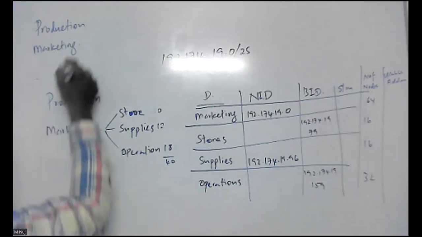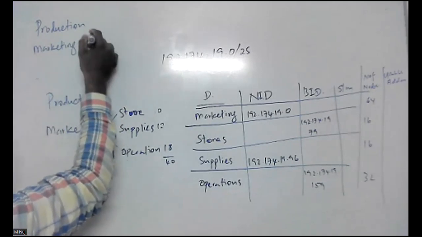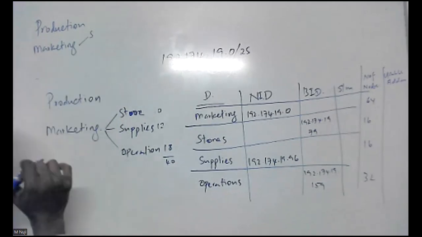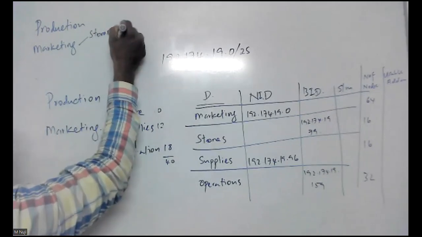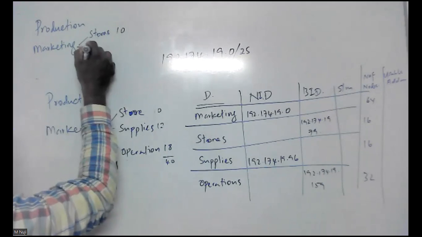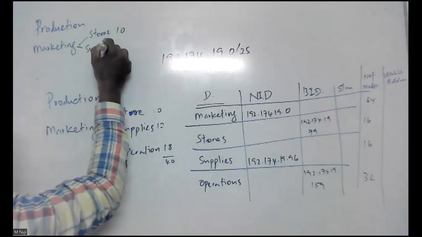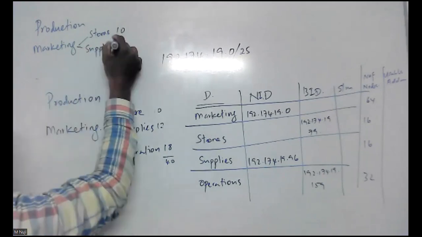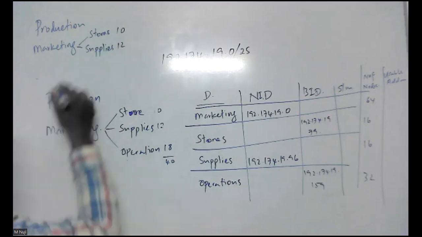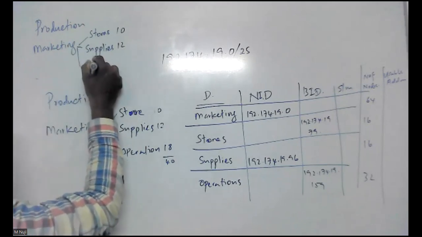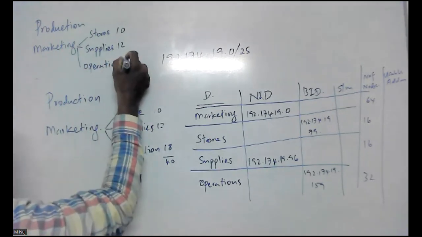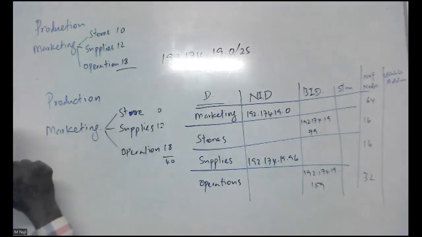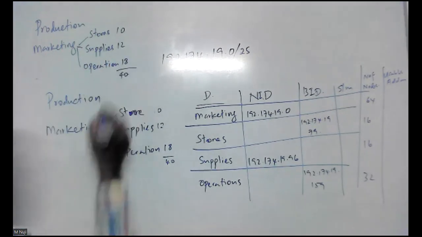The marketing has three sub portions: stores, 10 PCs, supplies, 12, and operation, 18, altogether 40.